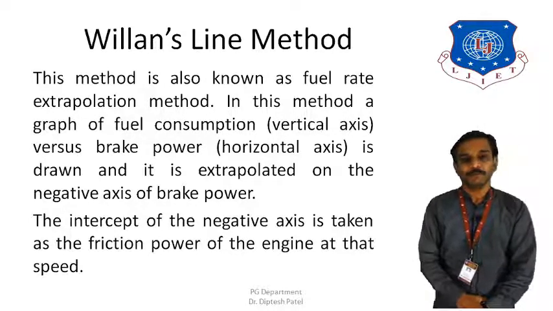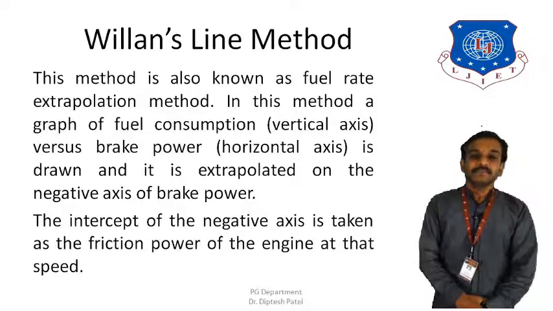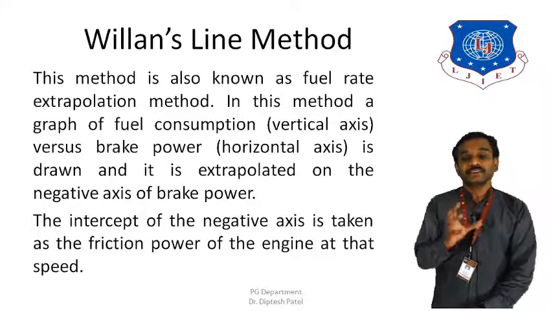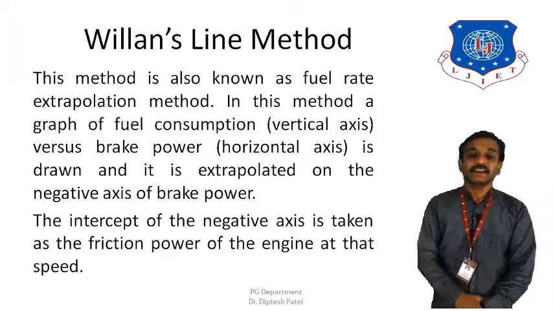Another one, which is quite reliable as compared to this one, is the Williams line method. This method has another name as well, and that is the fuel rate extrapolation method.